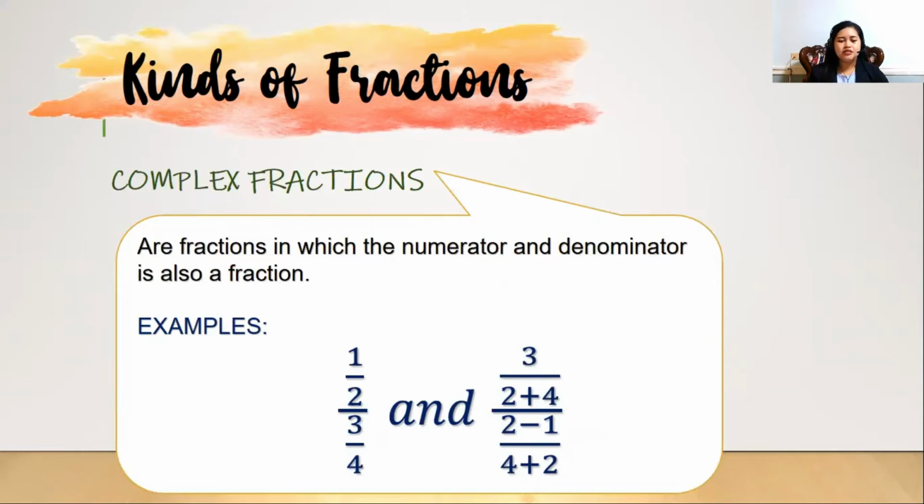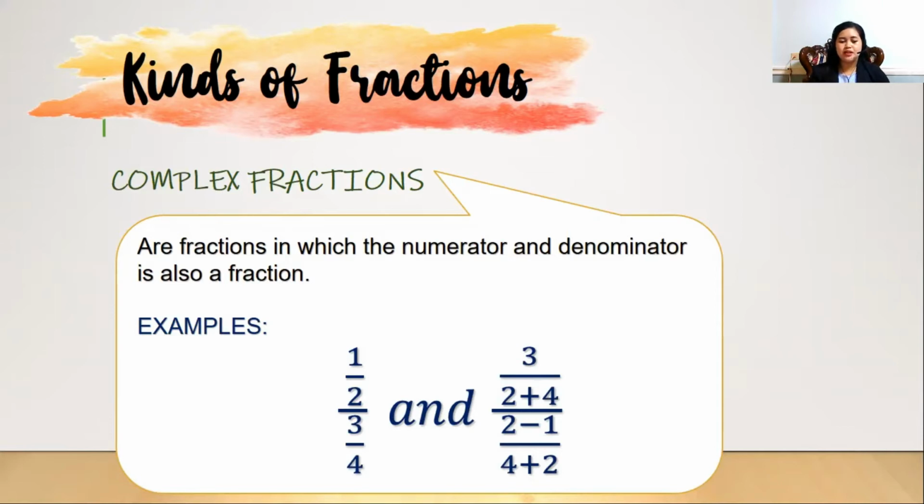The last kind of fraction is what we call a complex fraction. A complex fraction is a fraction in which the numerator and denominator are also fractions. For example, we have 1/2 over 3/4, and the second example, 3 and 2 plus 4 over 2 minus 1 over 4 plus 2.